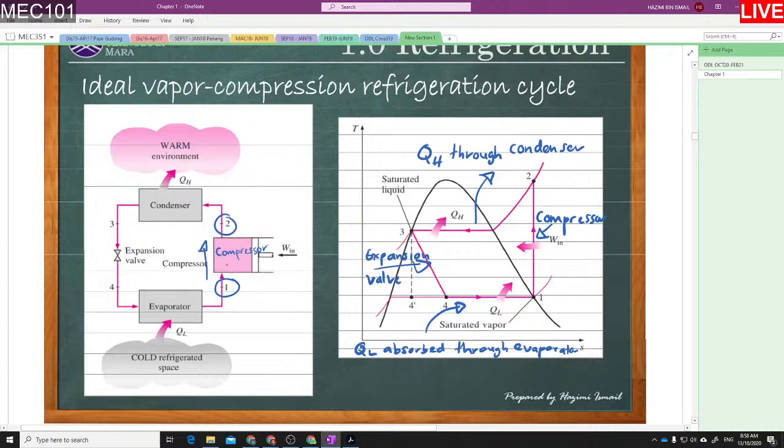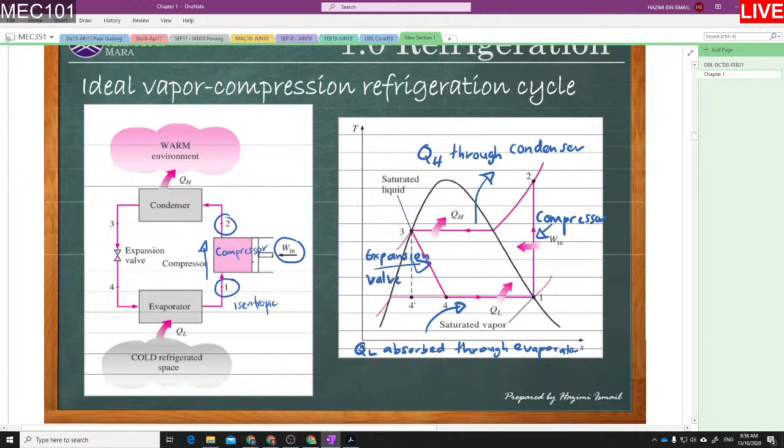From state 1 to state 2, we have a mechanical device here, the compressor. The compressor needs energy, which we call work in. So from state 1 to state 2, we have an isentropic process.